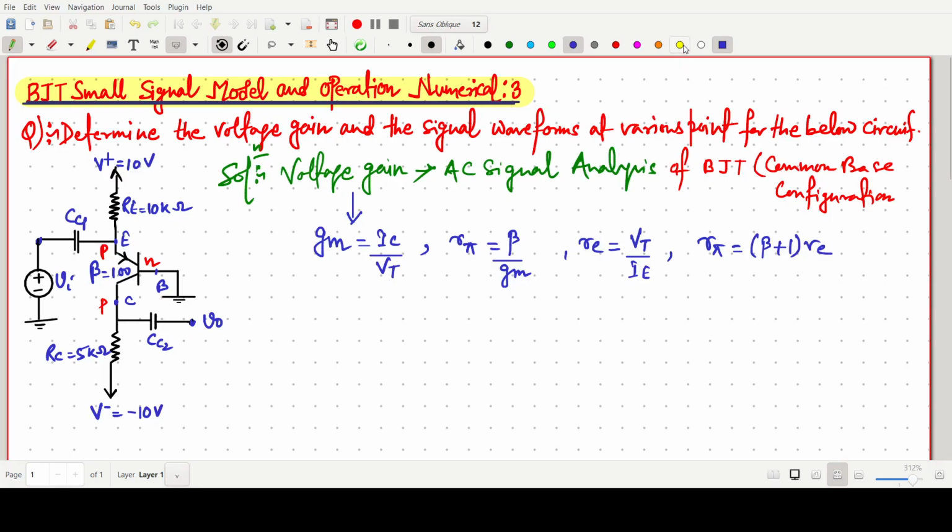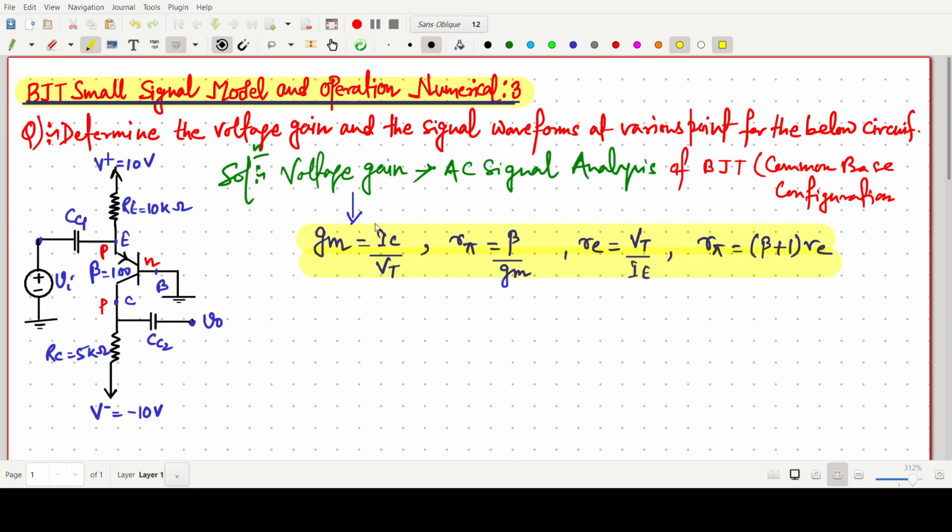I have already covered all these formulas. These are the important formulas, so again I am highlighting them. For the voltage gain calculation, these are some important parameters.